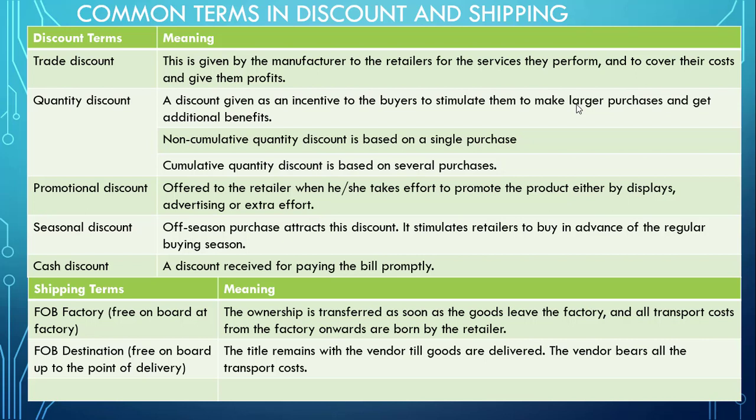In discount we have five terminologies that we use very often. These include trade discount, quantity discount, promotional discount, seasonal discount, and cash discount. In the shipping terms, we have FOB factory and FOB destination, which you discussed in your import-export policy and procedure course in the first semester.